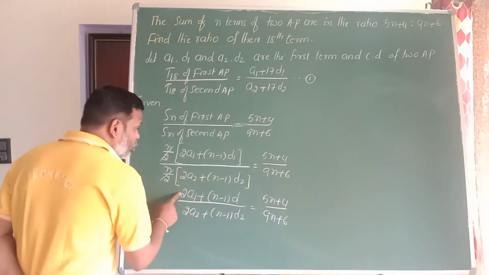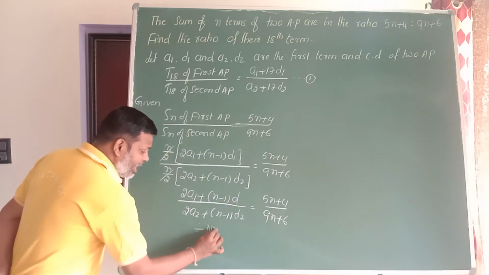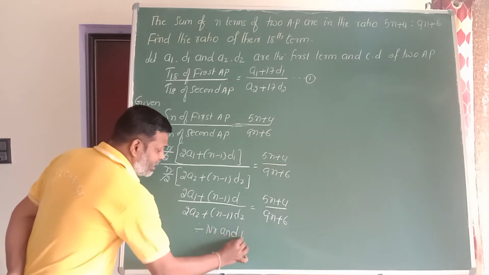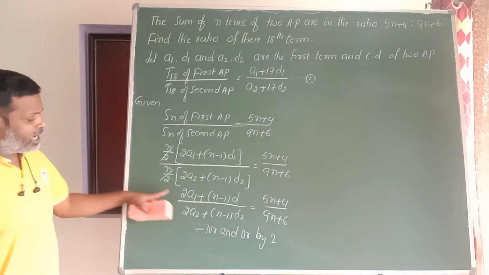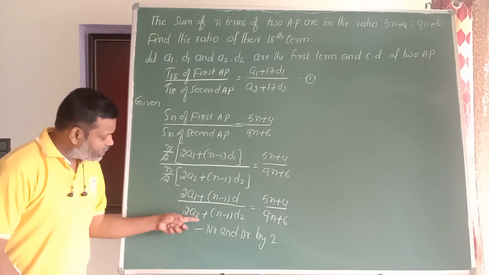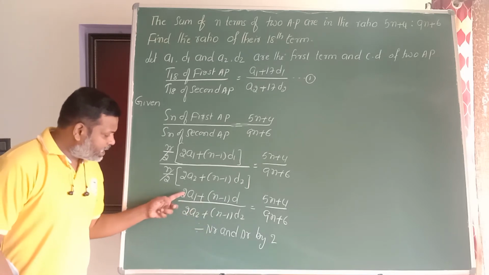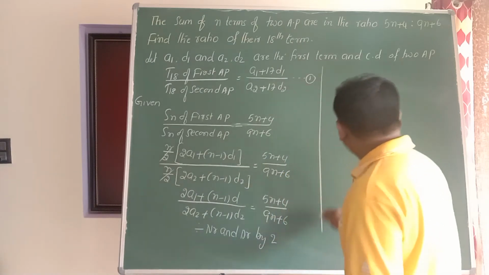To eliminate 2 in this equation, we have to divide numerator and denominator by 2. Divided by 2, divided by 2. When divided by 2, these get cancelled. What happens here?